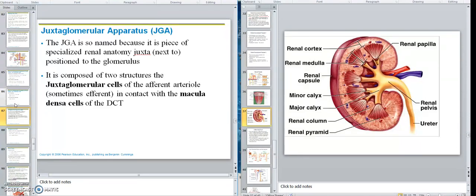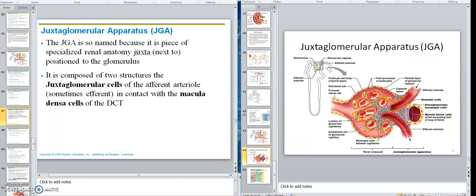So now we're looking at this juxtaglomerular apparatus. The juxtaglomerular apparatus is actually made up of two things. It's made up of what we call juxtaglomerular cells, which are cells in the afferent arteriole.